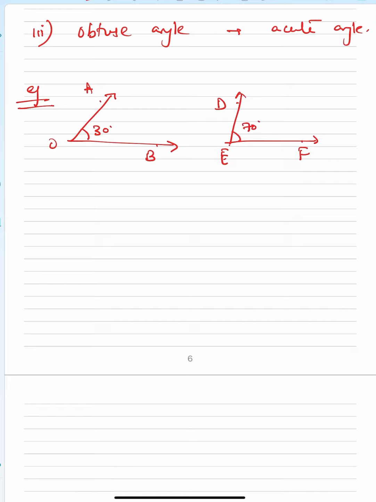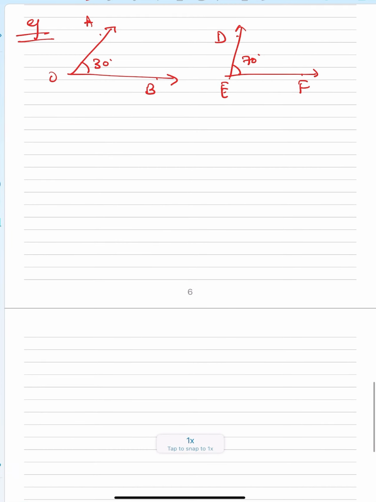We have to check which angle pair this is. So what will we do? Whether it is complementary, supplementary or a linear pair. So let us add both the angles. Let me add angle O plus angle E. That is 30 plus 70, which is equal to, sorry, 100 degrees, correct?